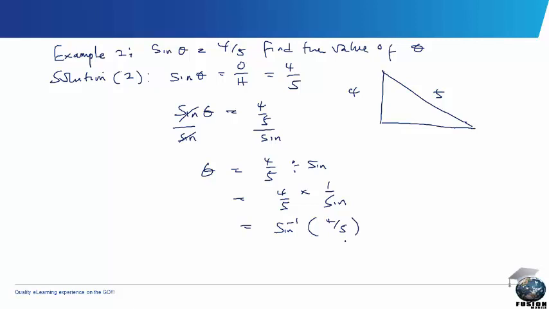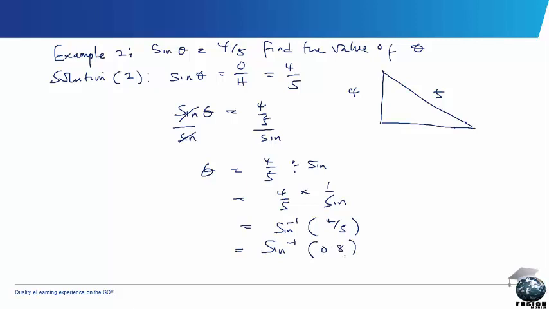So without wasting time, you can use your calculator to determine what the sine inverse is. What is the decimal ratio of 4 divided by 5? What we are talking about here is the sine inverse of 0.8.